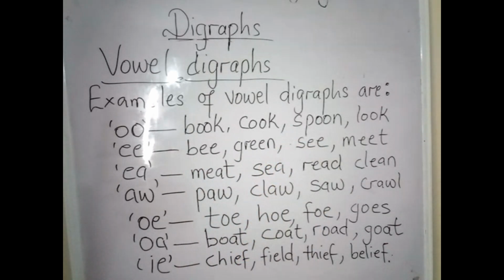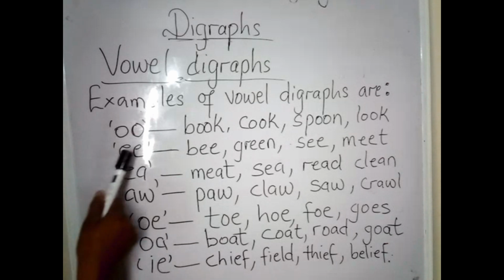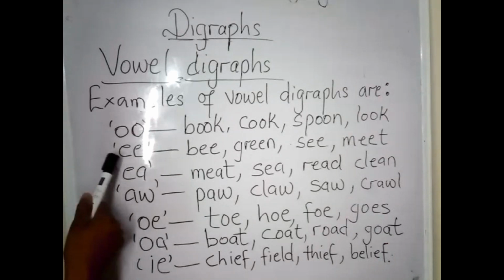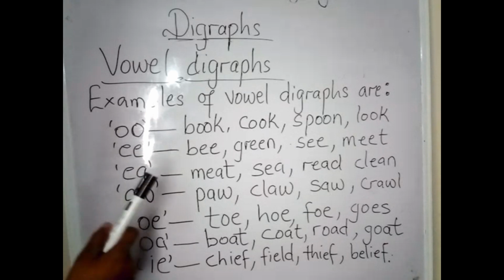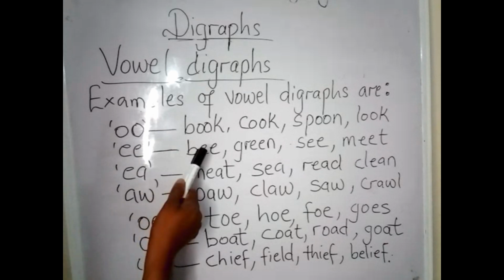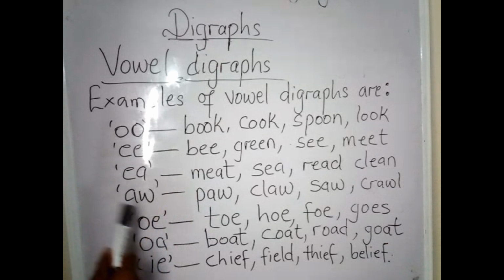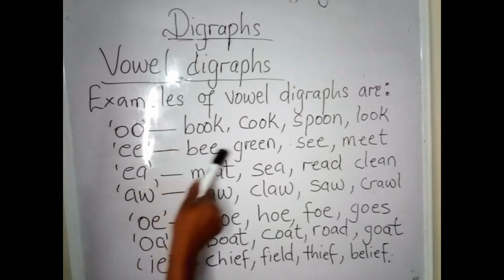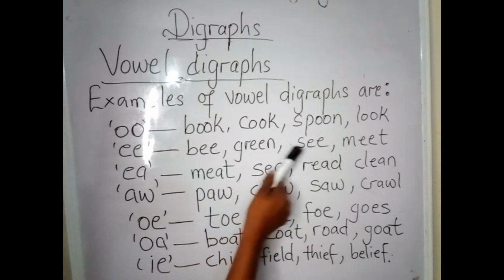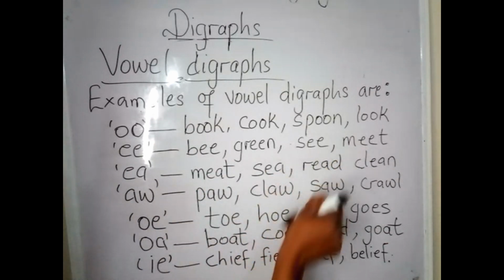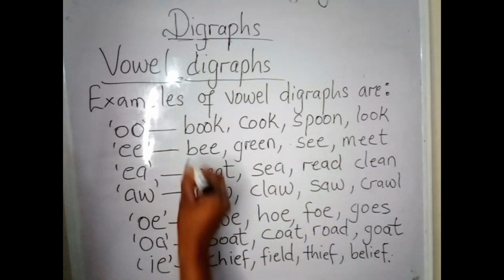Here you have letter E, double letter E. Normally letter E makes the sound E, but when you combine two letter E's, they form the sound E, long E. Okay, so examples are bee, green, see, meat.